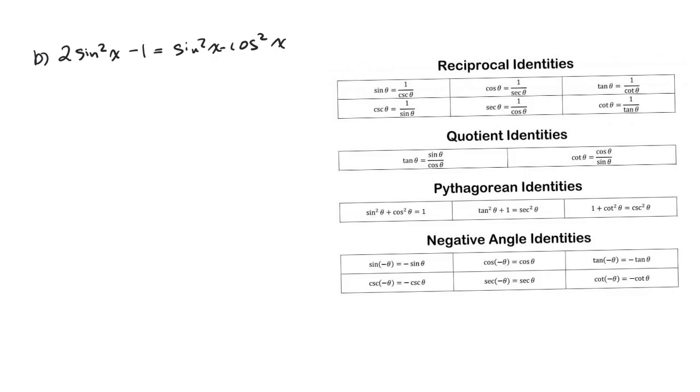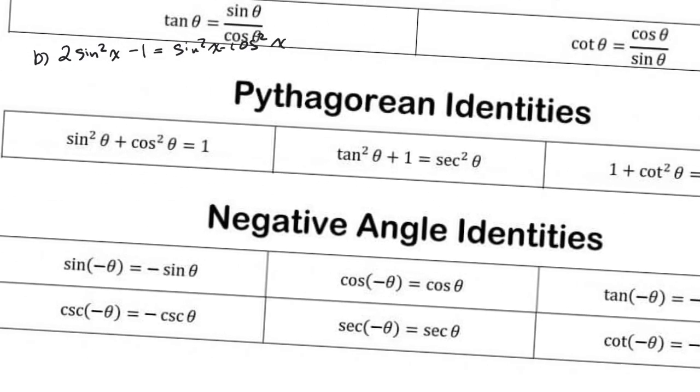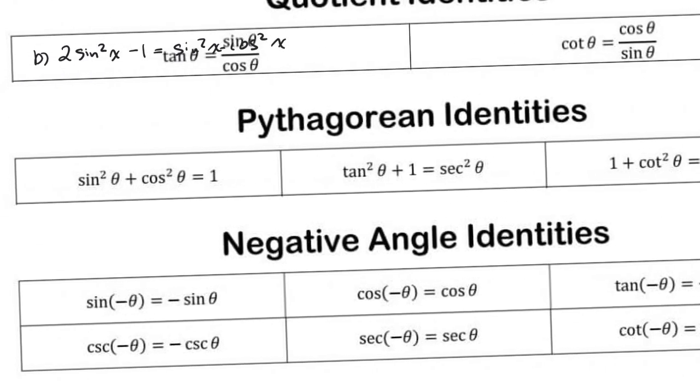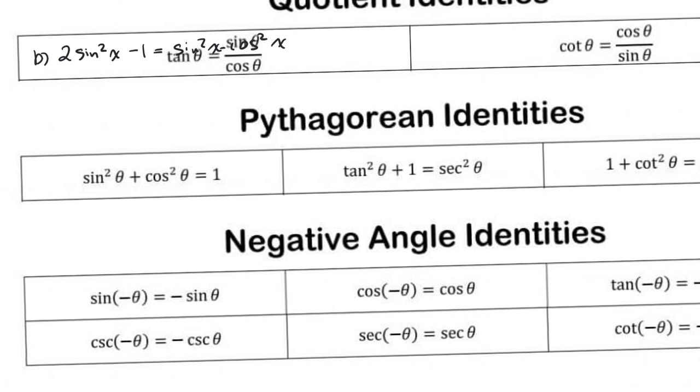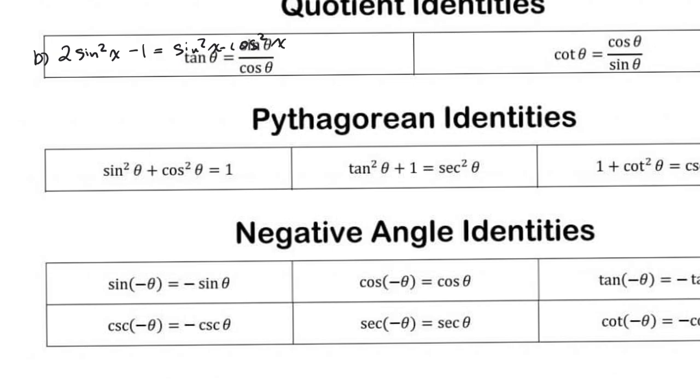For this problem, we want to take something that's on the left side and turn it into the right side. In order to do that, anytime you see squareds, we tend to want to look at the Pythagorean identity, right? I'm going to try to manipulate the left side and turn it into the right side.